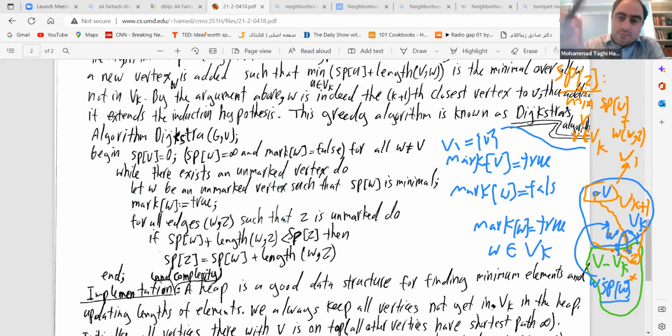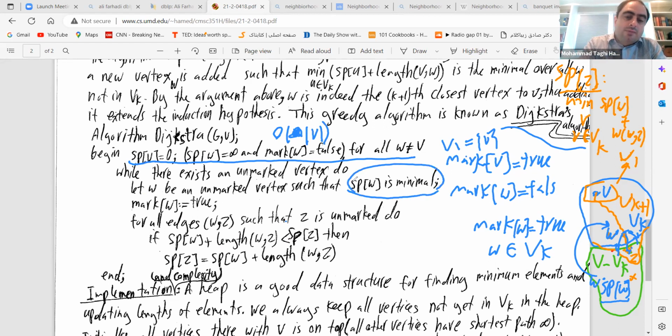Of course, here we have this initialization step, which is order size of V. Now, we say that while there exists an unmarked vertex, do this: let W be an unmarked vertex such that SP is minimal.